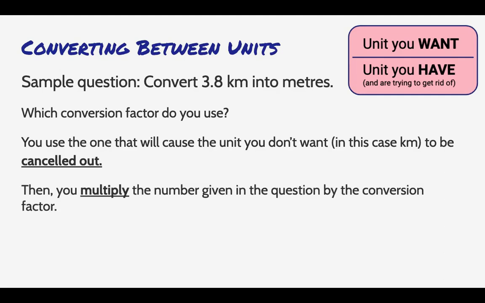Once we figure out the conversion factor, we just multiply the number in the question by the conversion factor. So the question said 3.8 kilometers. The conversion factor we're going to use has 1,000 meters on top over 1 kilometer. This cancels out the kilometers, and we're left with meters, 3,800 meters.